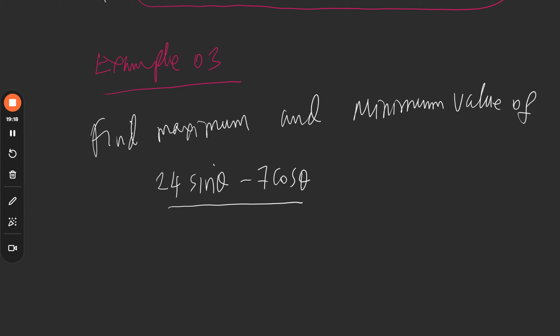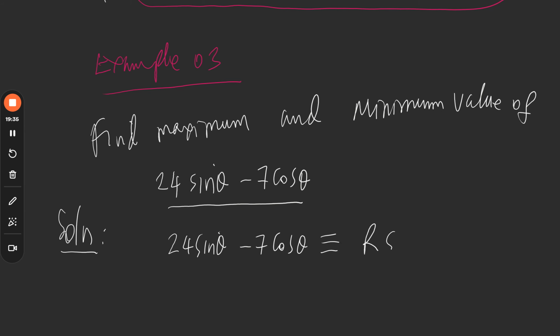So I'll be saying that, solution, I'll be equating 24 sine theta minus 7 cosine theta, let it be equal to r sine theta minus alpha.